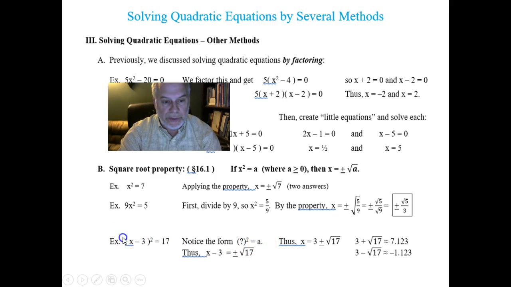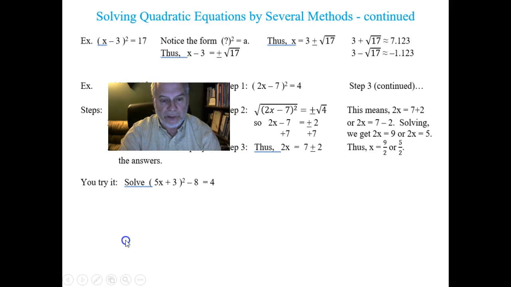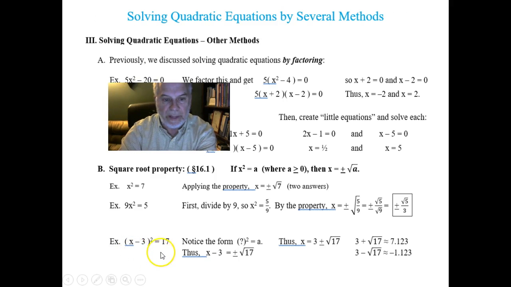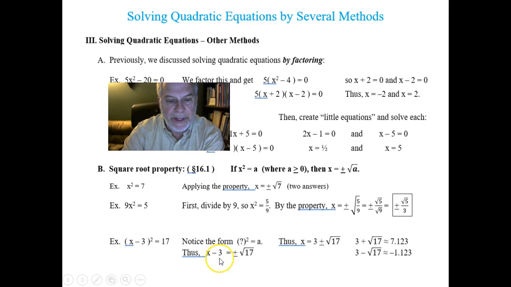So I would take the square root of the left side and get x minus 3, and plus or minus the square root of 17 on the right side. Notice I just remove the squaring because square root and squaring cancel each other out.